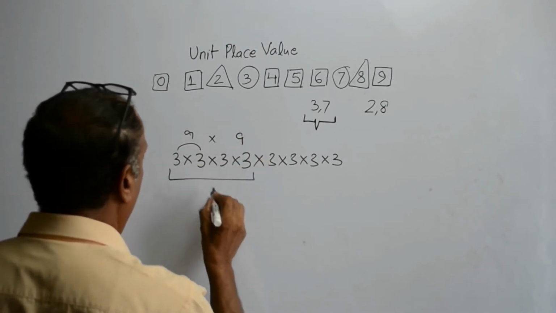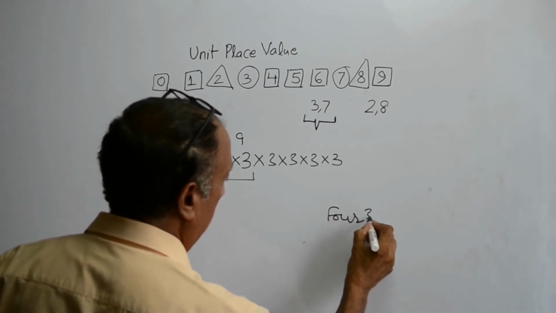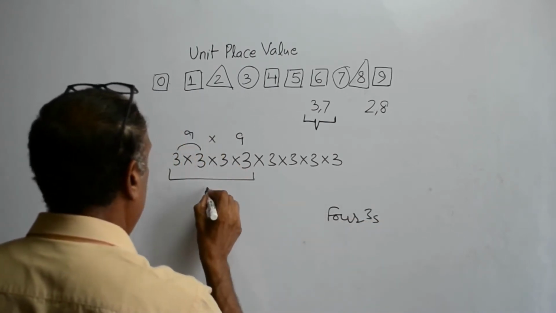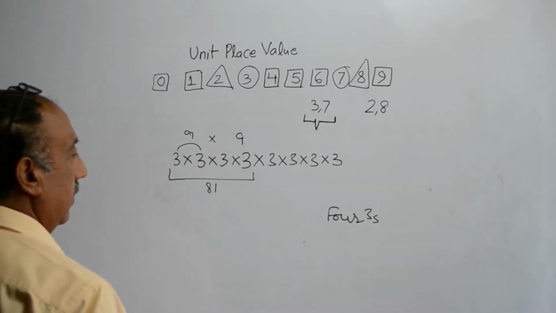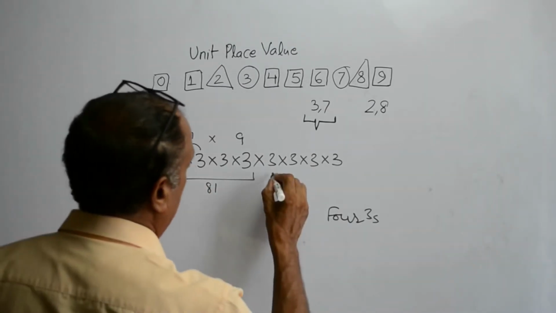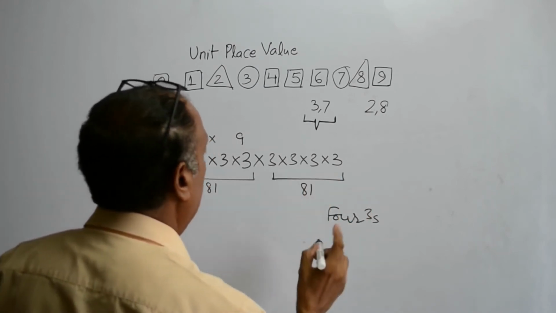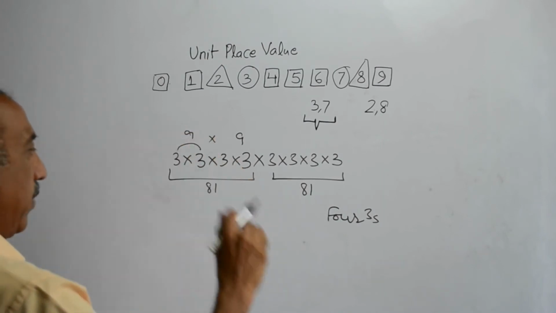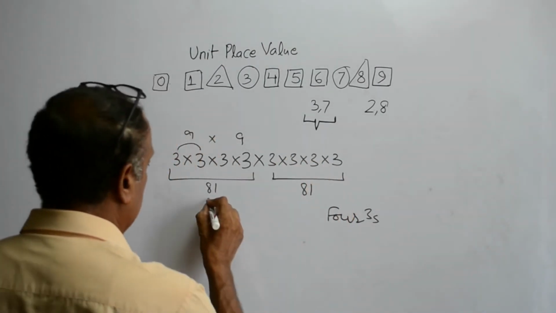So the block of these 4 threes is going to give us 81. Again, this block of 4 threes will give us 81. So every block of 4 threes is going to give us 81.